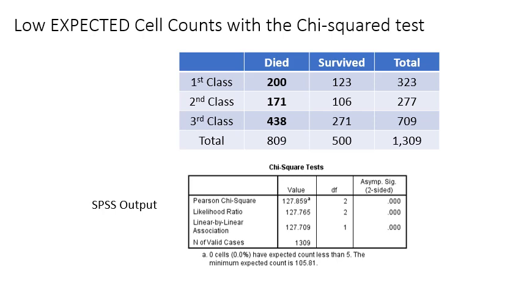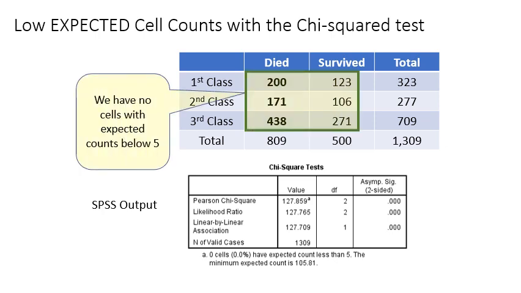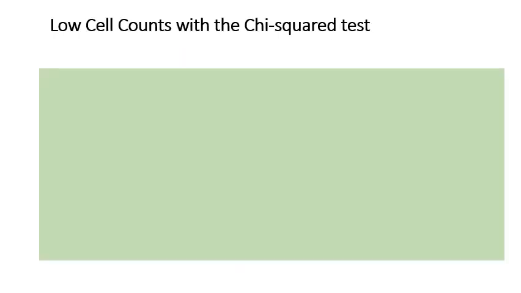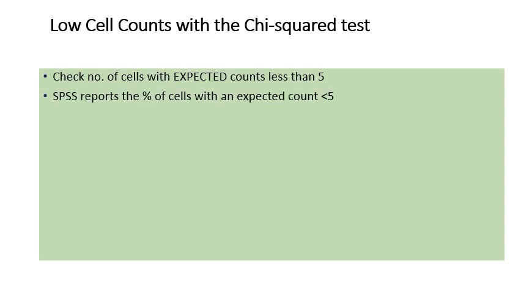So if there are cells which have low expected cell counts, okay, what the SPSS would give you is the Fisher's exact test. So for low cell counts with the chi-squared test, you have expected counts less than 5, and the SPSS reports it also.